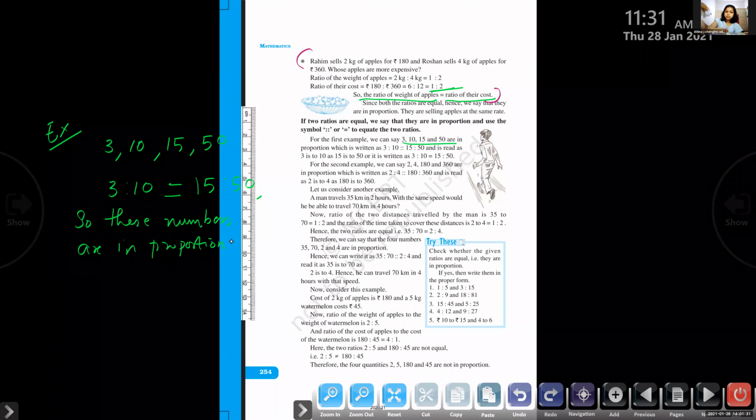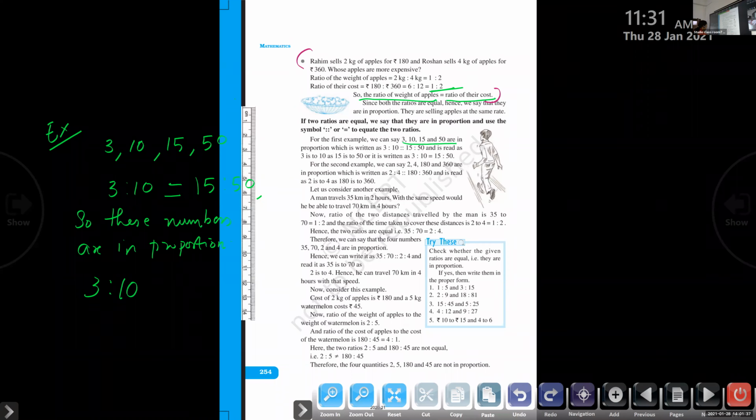Okay, ma'am. So we will write this as 3 is to 10 as 15 is to 50. Can you see this? Yes, ma'am. So 3 is to 10.